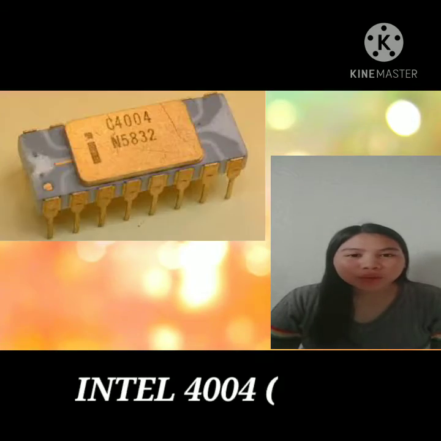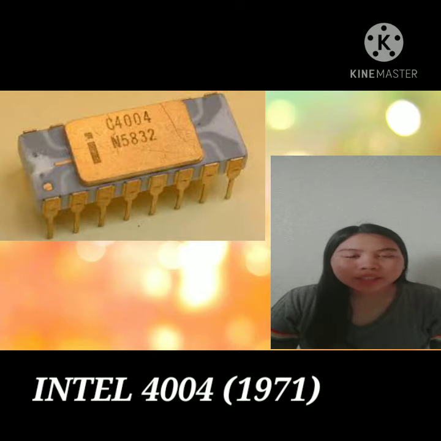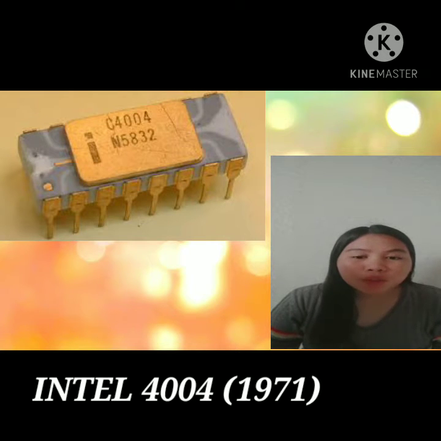Intel 4004, year 1971. The most basic and the start of the 4-bit microprocessor. Imagine, at that time, it had the capacity of 4 kilobytes of main memory, which was the slowest speed up to this date and very far from our current CPU.